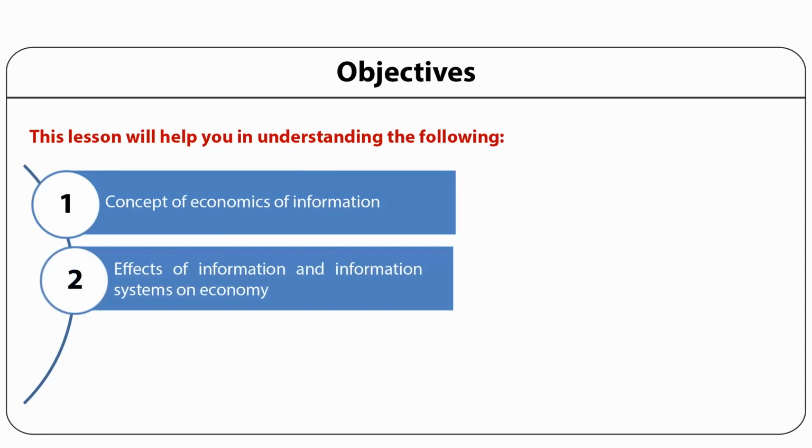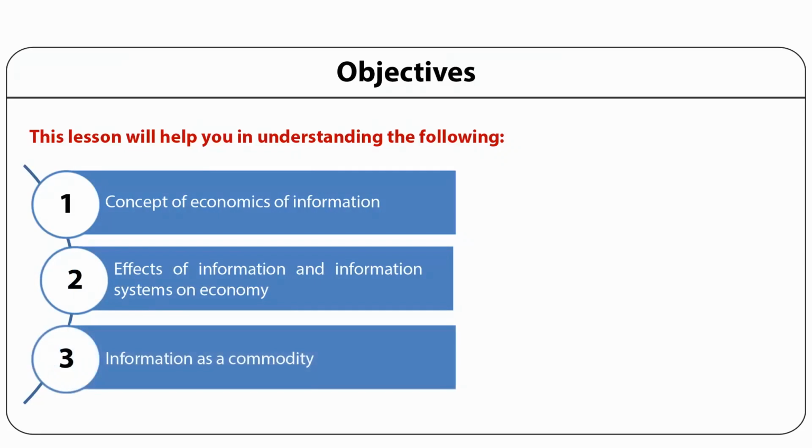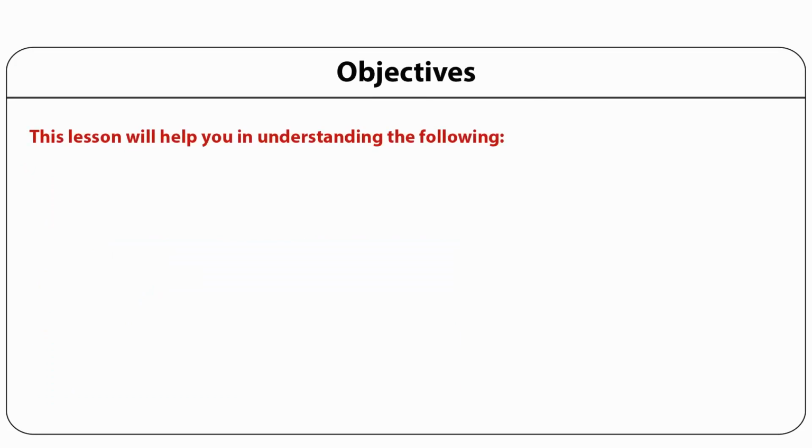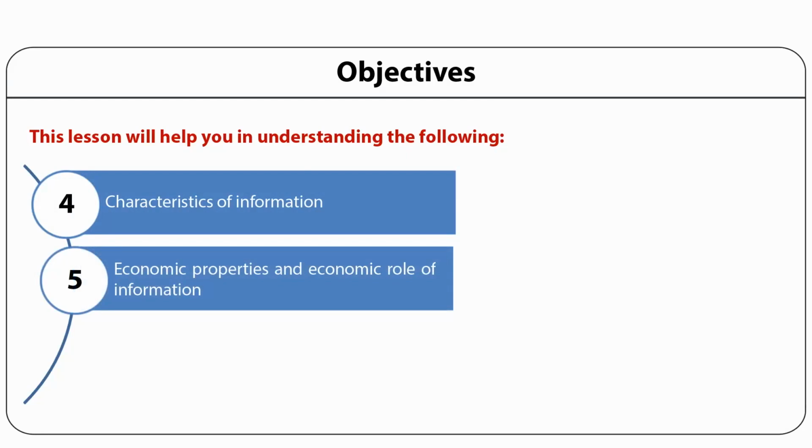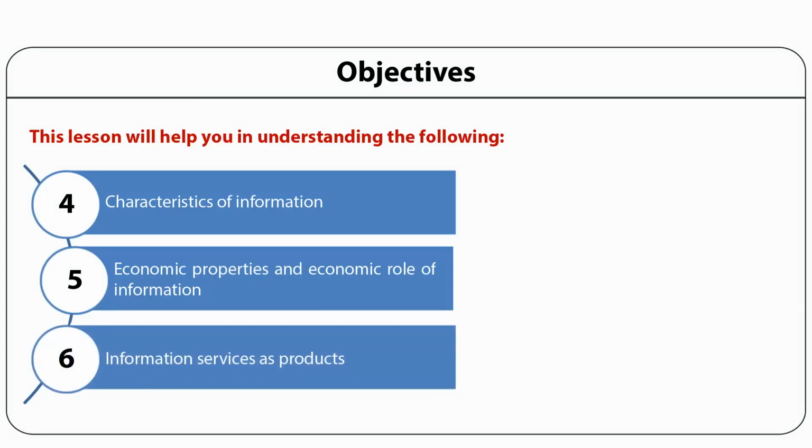Thirdly, you will be able to view information as a commodity. And you will also be able to understand characteristics of information. And I'm sure by the end of this presentation, you will also be able to chart out economic properties and economic role of information. Lastly, and most importantly, you will be able to recognize information services as products.